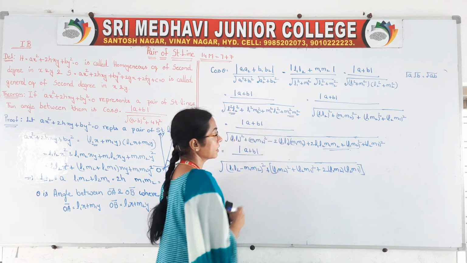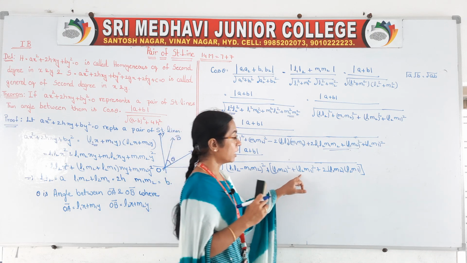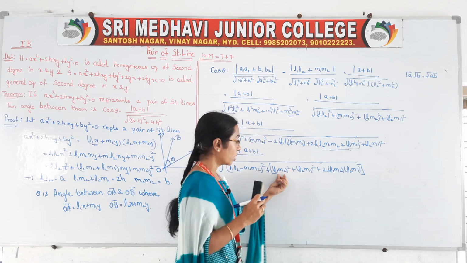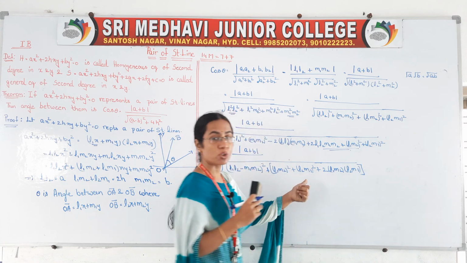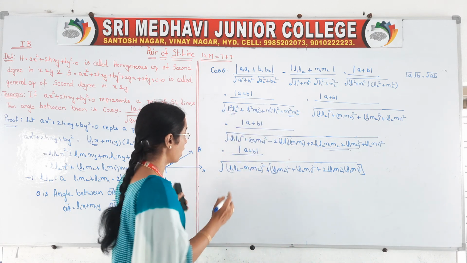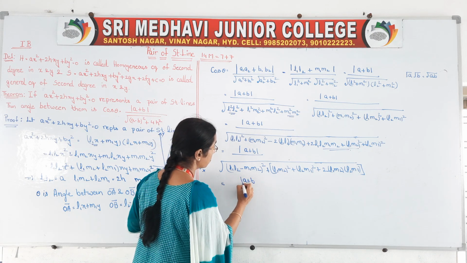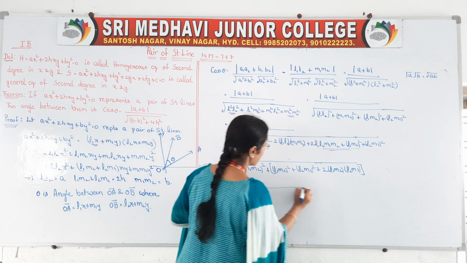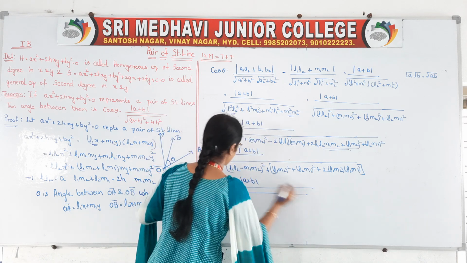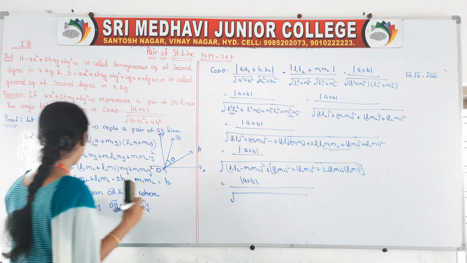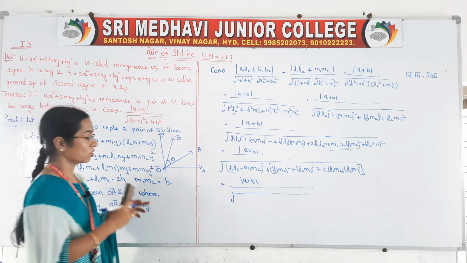Observe, you consider L1 M2 as a, L2 M1 as b. So a square plus b square plus 2ab form, so a plus b whole square form. So it is equal to a plus b by root of, what is this? L1 L2 is a, in the beginning only we got L1 L2 is equal to a, M1 M2 is equal to b.